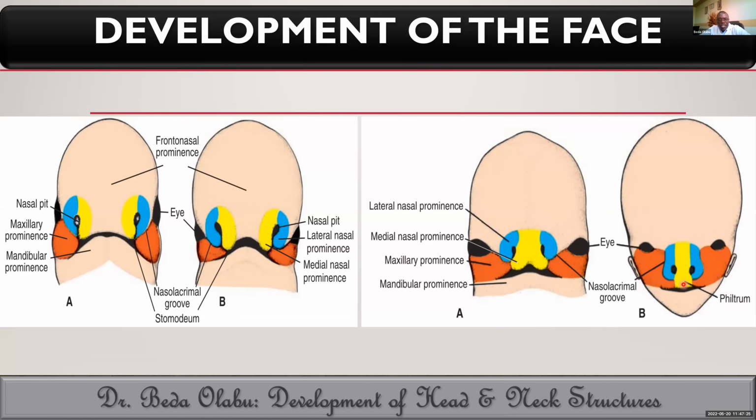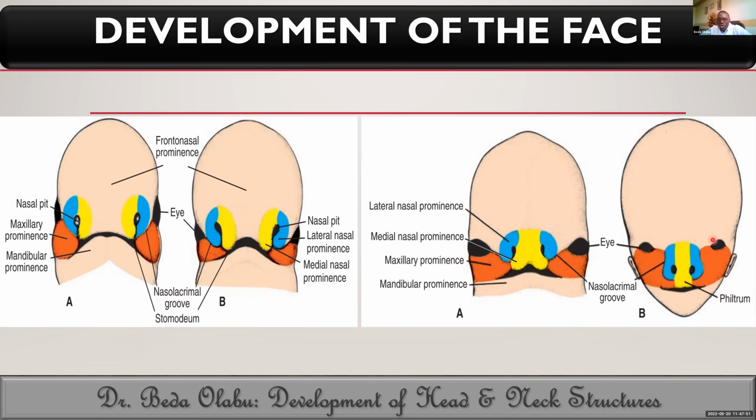It also forms part of the maxillary bone, but which part? The part responsible for holding the incisors. Then it forms the philtrum, that groove on the upper lip, and then it forms that ridge between the right and the left nostril. So those are the derivatives of the intermaxillary segment.